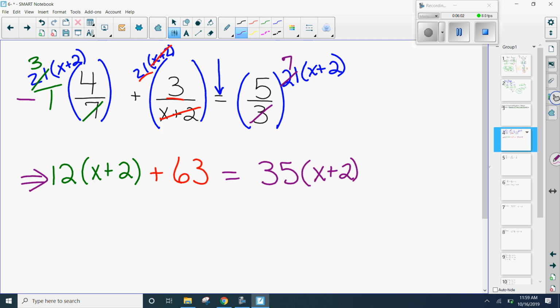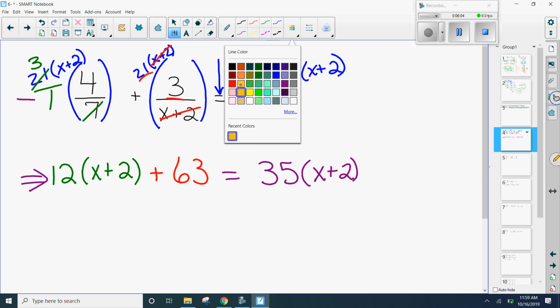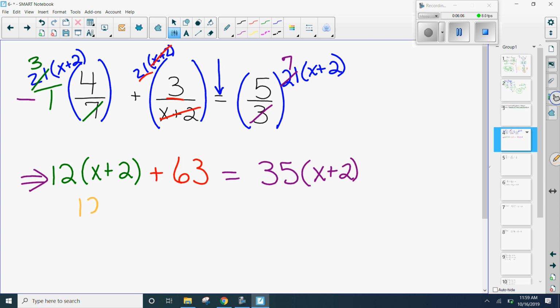To solve, what are you going to need to do? Distributive property. So you get 12x plus 24 plus 63 is equal to 35x plus 70. So 12x plus 87 is equal to 35x plus 70.